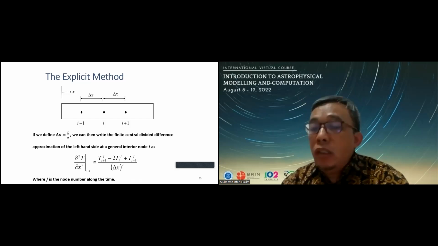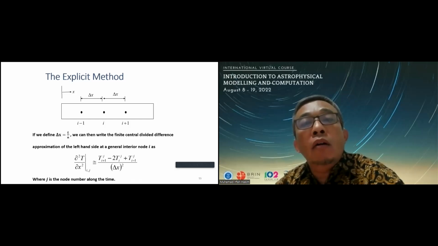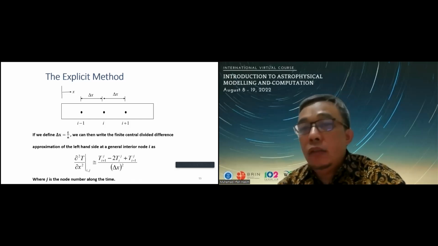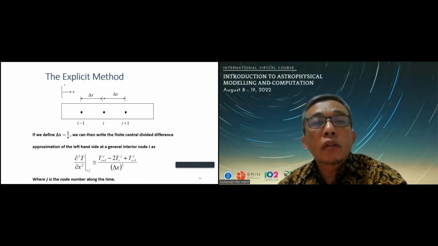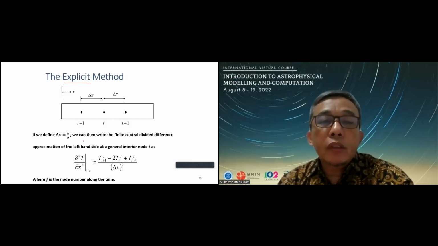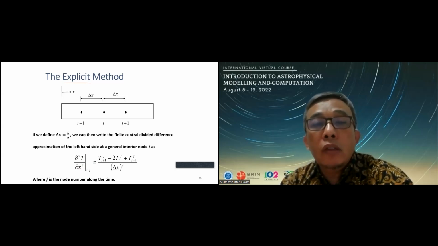Now let's see one of these methods for parabolic PDE called the explicit method. We approximate the second derivative of temperature, for example, with respect to variable x by a central difference.